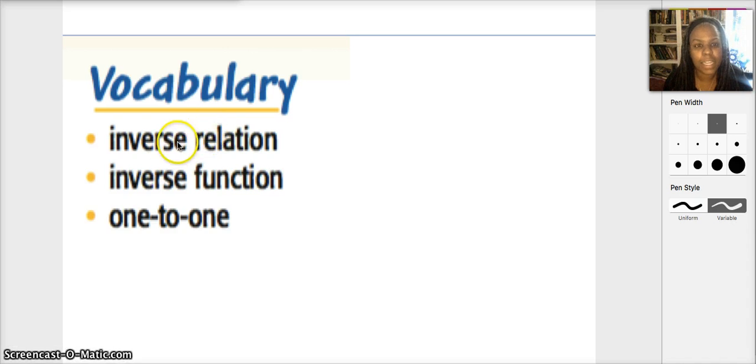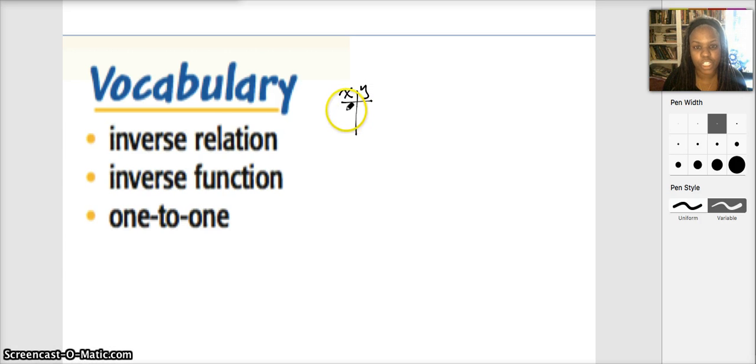So basically, an inverse relation is a relation where the inputs and the outputs are switched. You remember you can have a relation as an ordered pair or on an XY axis or as an XY table.